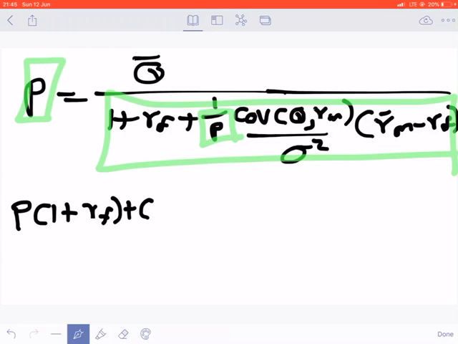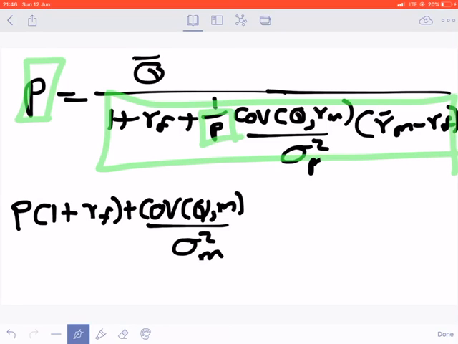So you just have the covariance of Q and the market over the variance of the market, multiplied by the market excess return, equal to Q, right?